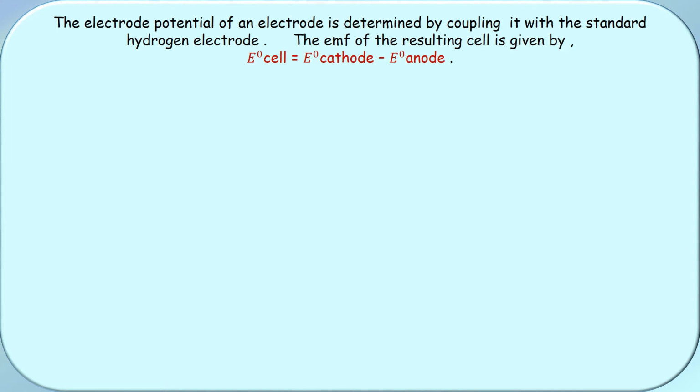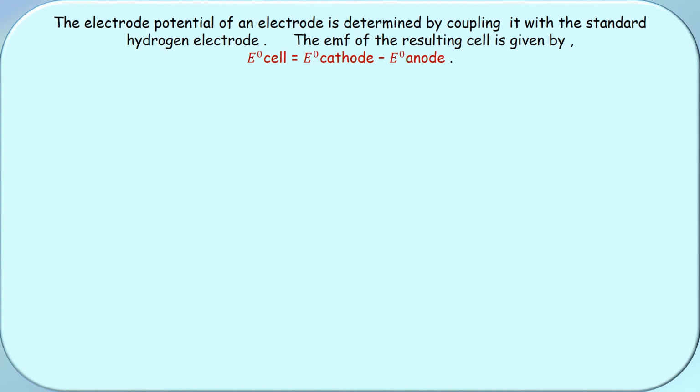Why E0 cell? Because this is the standard electrode potential. Here the temperature is fixed at 25 degrees Celsius, and the concentration of the solution in all the measurements is 1 molar. Now you can see this arrangement.